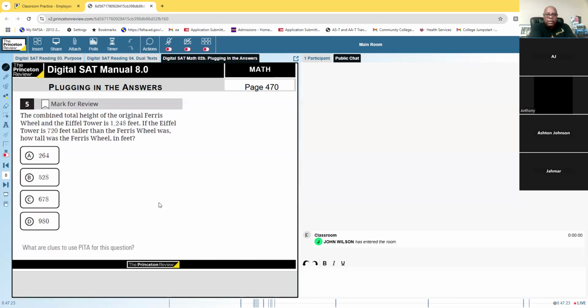Read that second sentence again, please. If the Eiffel Tower was 720 feet taller than the Ferris wheel was, how tall is the Ferris wheel in feet?